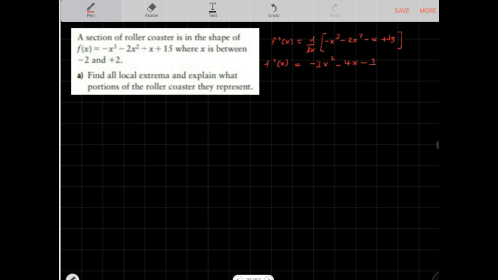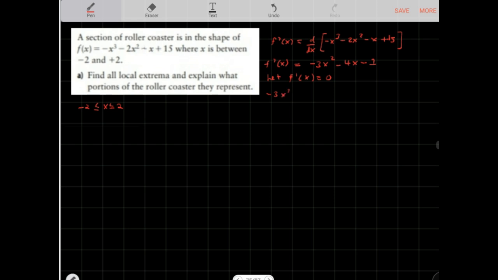Okay, and we can understand that the interval is between negative 2 and positive 2, right? To find our critical points, I'm going to let f prime of x equal 0, and this will find a critical number of x.